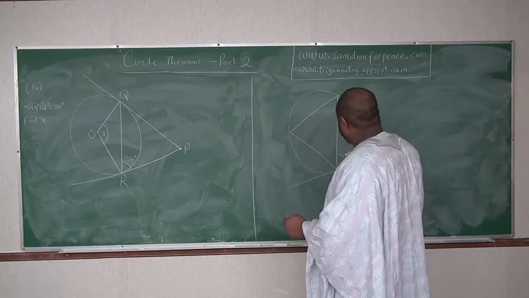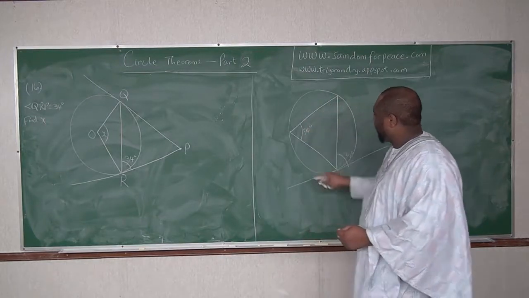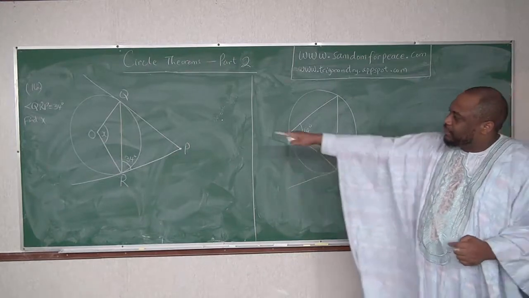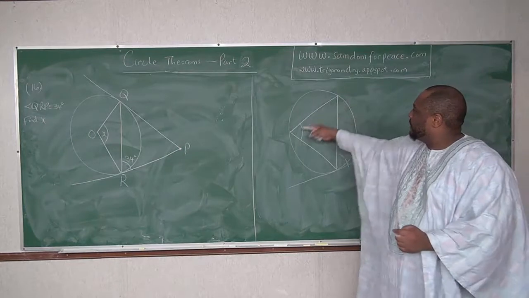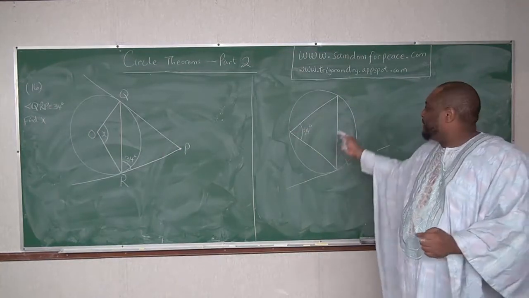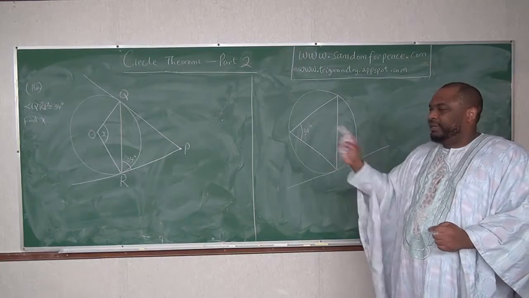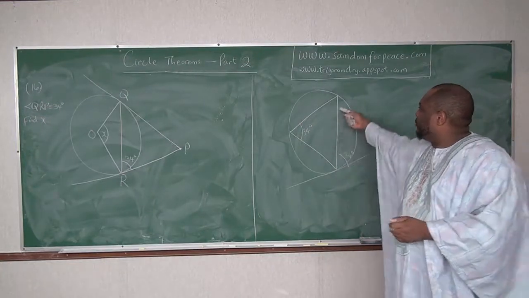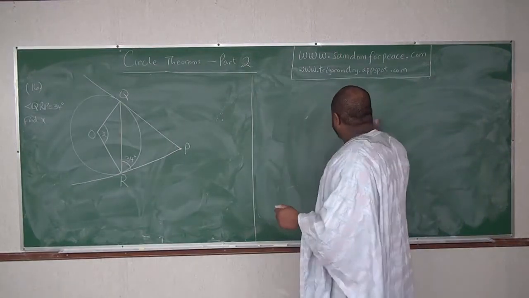It doesn't have to stop at the circle center, it has to reach the circumference. That means angle in the alternate segment. So please, 34 is not X. It has to reach the circumference, so take note of that.